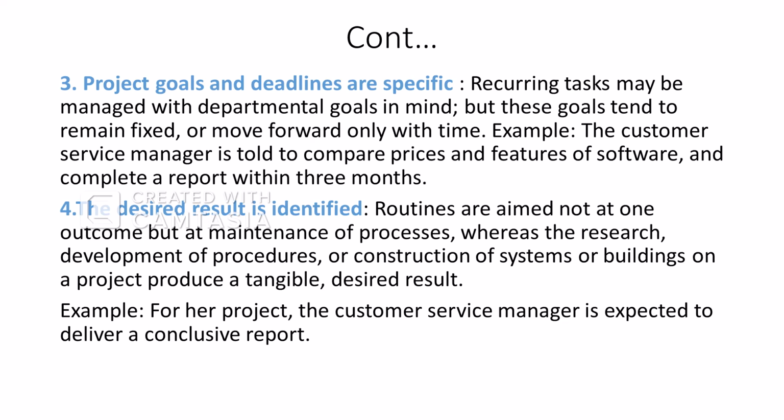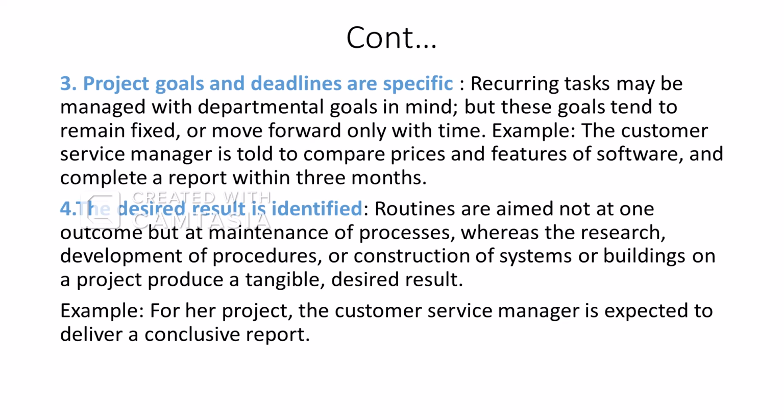For example, if the customer service manager is told to compare prices and features of software and to complete a report within 3 months, that means the project has a goal and a deadline, which is, as mentioned, within 3 months.